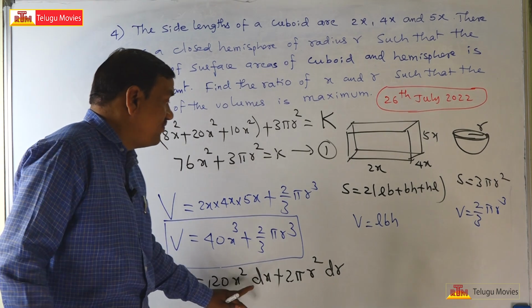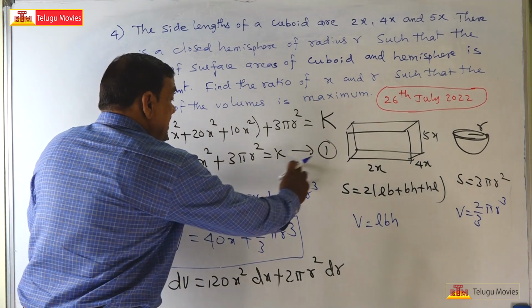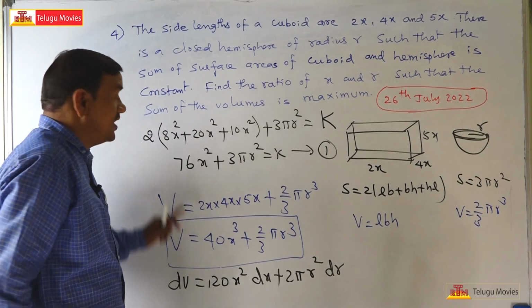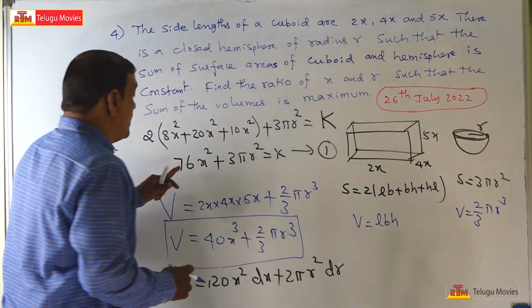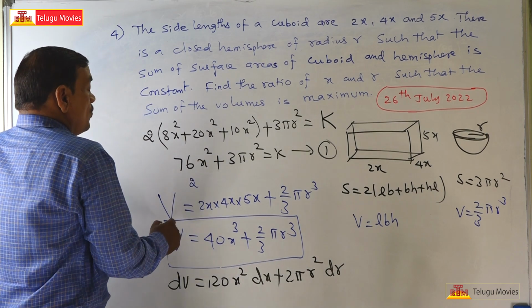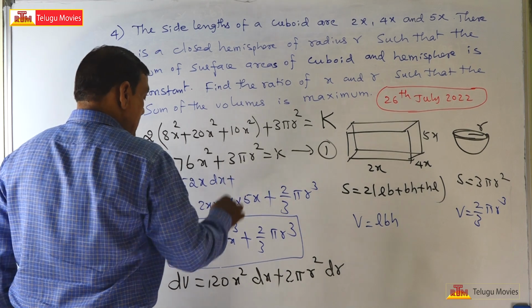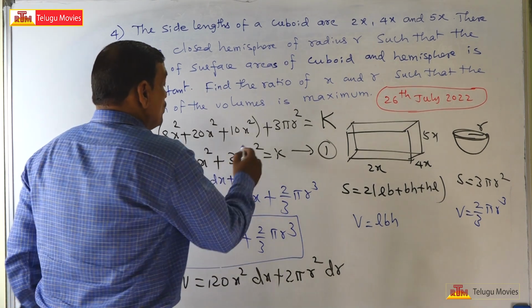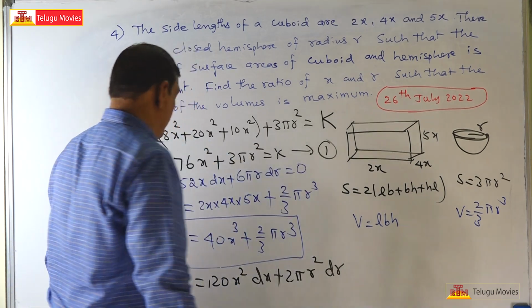Now from where will you get this value? Take the derivative of the constraint equation, and you will get it easily. So here 76x square, the derivative of x square is 2x, so 2x means 152x dx, plus 6 pi r dr is equal to 0.